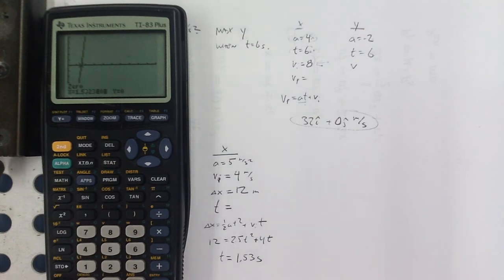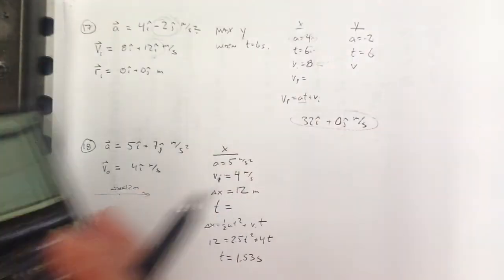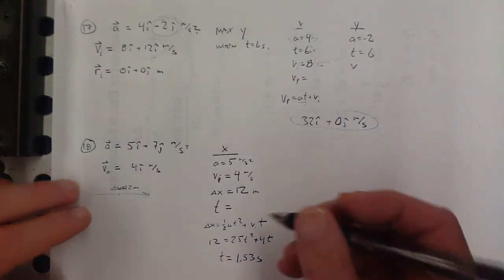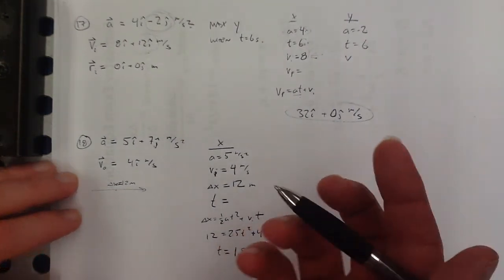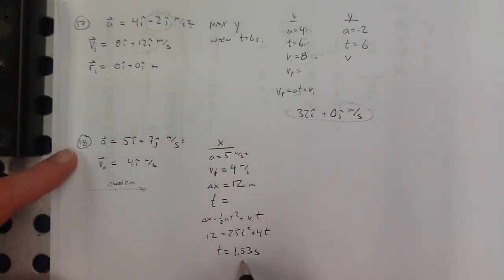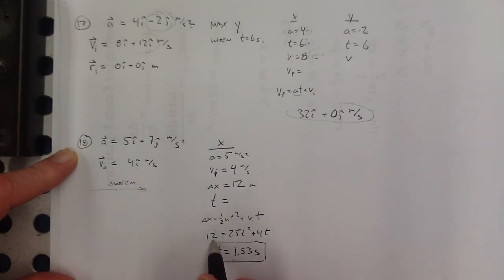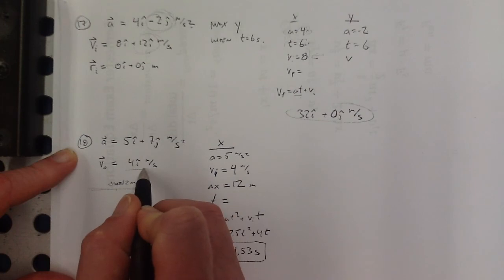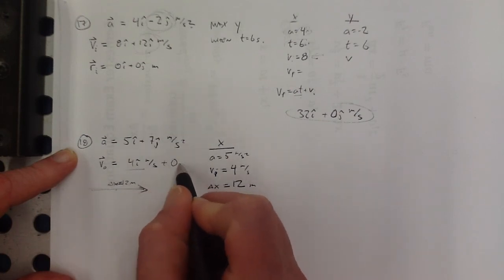Okay, so what are we trying to do here? We're trying to figure out what are the magnitude and angle of the velocity when it's been displaced. So I figured out the when of it. Now I just need to know what are the components when we get there. There are different ways you can set up your equations. I want to appeal to the intuitive side of you and say, now that we know how long it takes for this 12 meters of displacement in the x direction, here's my initial velocity, this and no j, right?